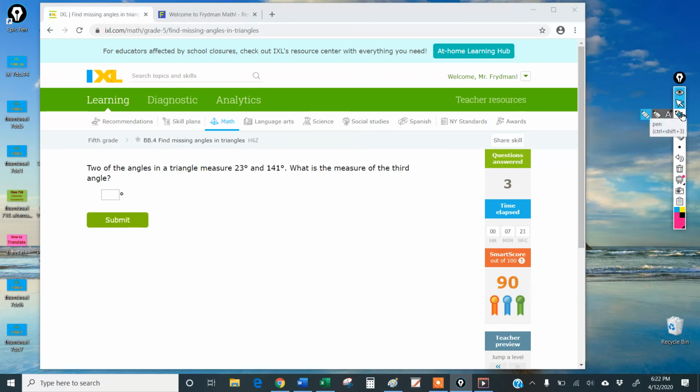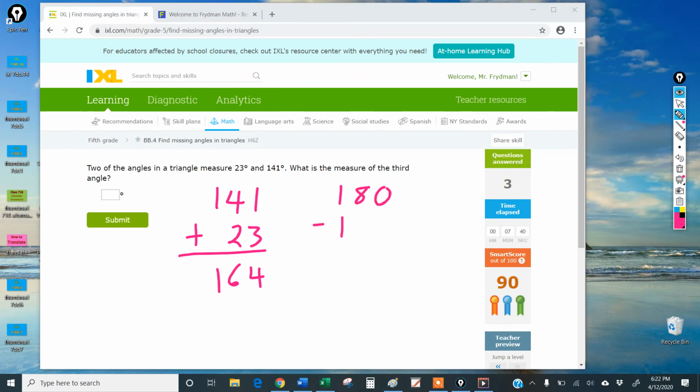So again, all we really have to do is 141 plus 23, and that's going to give us 164. And then step 2, we're going to do 180 minus 164, and we get 16 there.